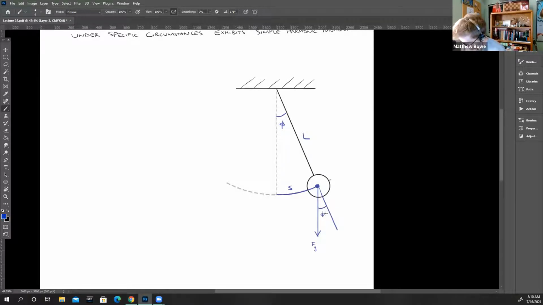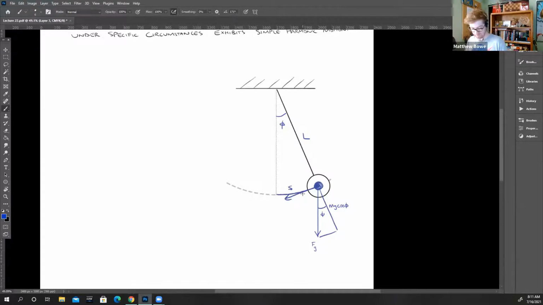that is mg cosine theta, or I guess the sign I'm using is phi, so cosine phi. And we have the tangential components, which is like where this mass is sitting and where it's currently pointing.